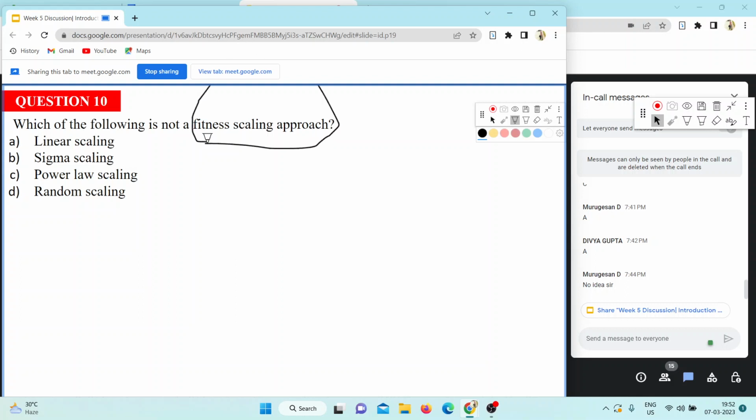You can learn more detail from your lecture notes. The options are: A, linear scaling; B, sigma scaling; C, power scaling; and D, random scaling. Any guesses?